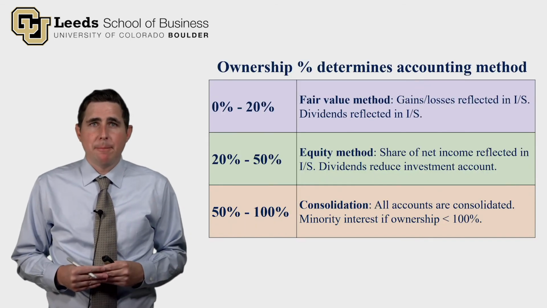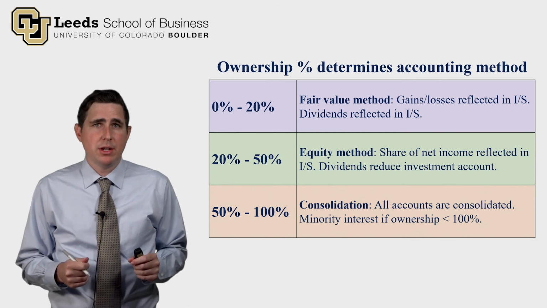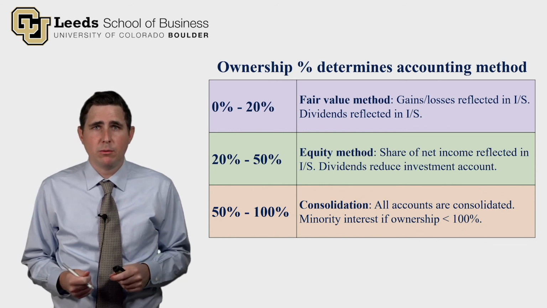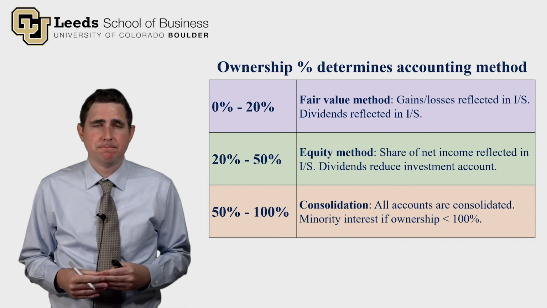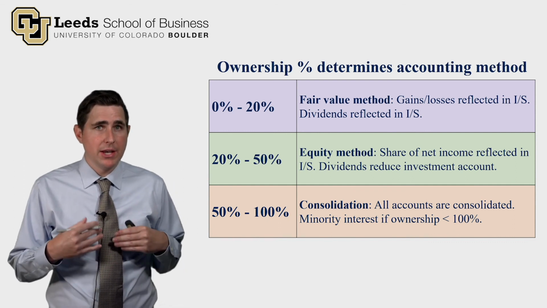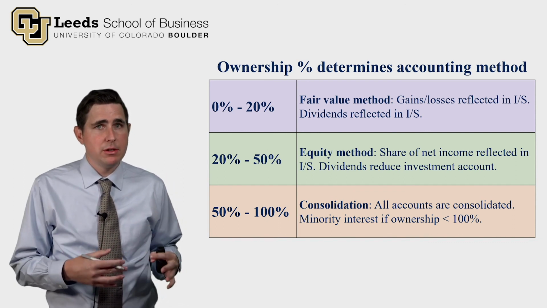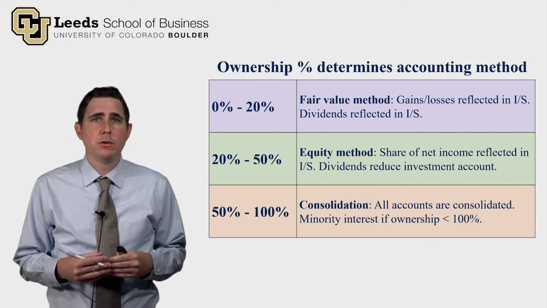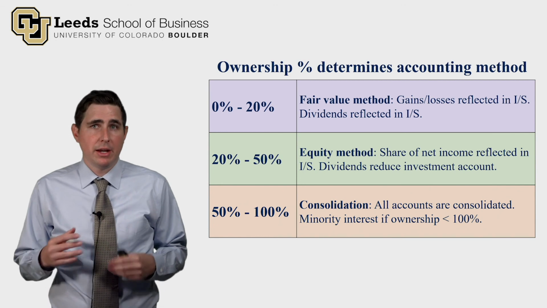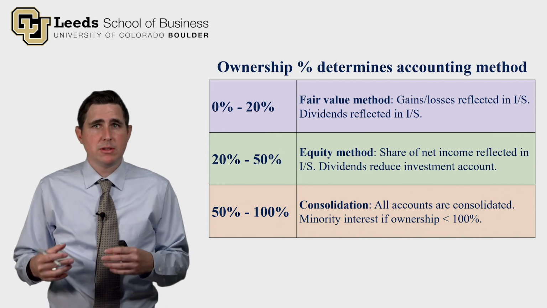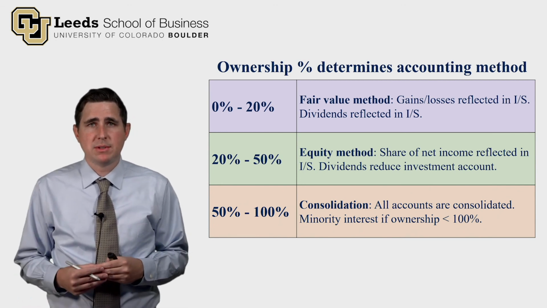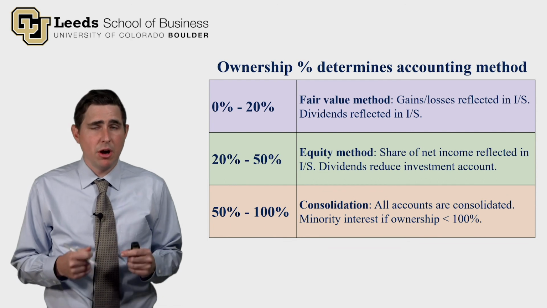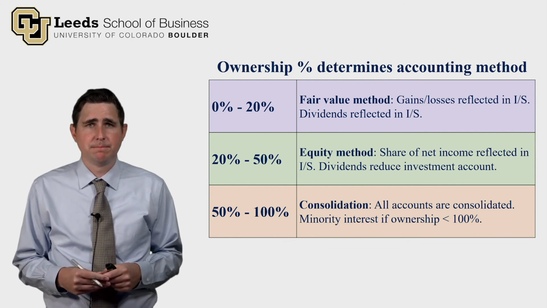Okay, so to recap, the ownership percentage determines the accounting method when you make an equity investment. If, as a result of the investment, you own between 0 and 20% of the company, you use the fair value method. The gains and losses that you experience are going to be reflected immediately in the income statement. And the dividends are also going to be reflected in the income statement.